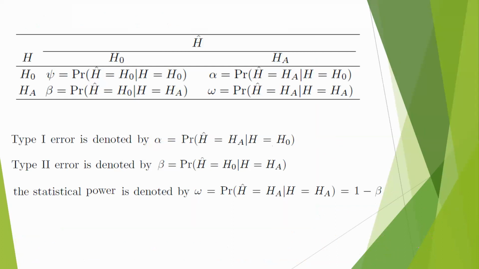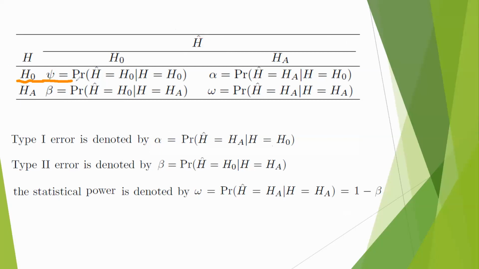So this table shows the relationship between these two types of errors. Suppose this y-axis represents the true situation, and the x-axis in this table is your test result.